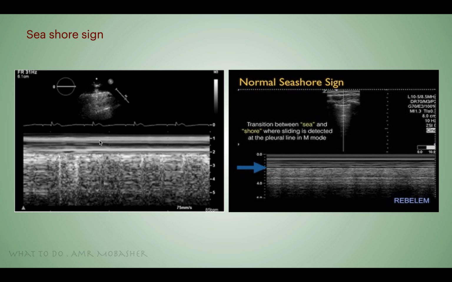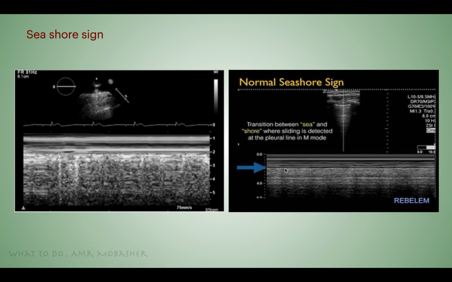So this is like the seashore sign. This is the ocean, this is the sand, and this is the lung movement during respiration. So in M mode it's called the seashore sign. This is normal, and again, there is no pneumothorax.